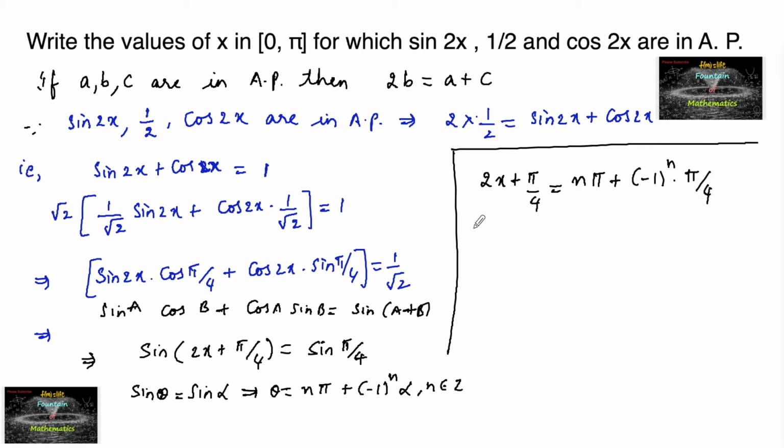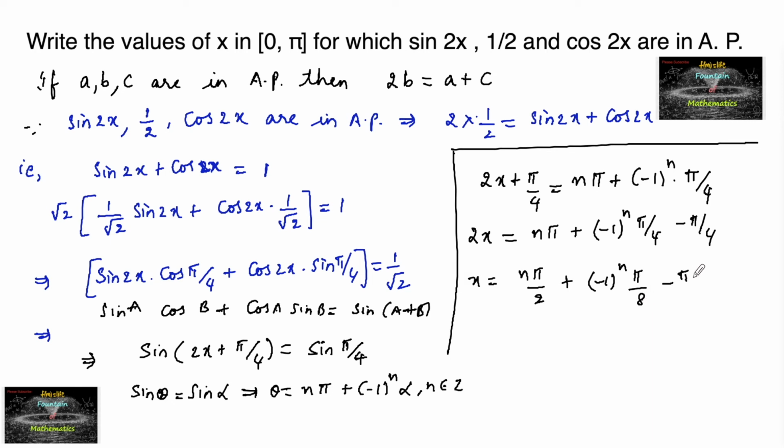So 2x equals n pi plus minus 1 whole power n pi by 4 minus pi by 4, or x equals n pi by 2 plus minus 1 whole power n pi by 8 minus pi by 8. Now in the interval 0 to pi we need to find the values of x. So let us consider n equals 0.